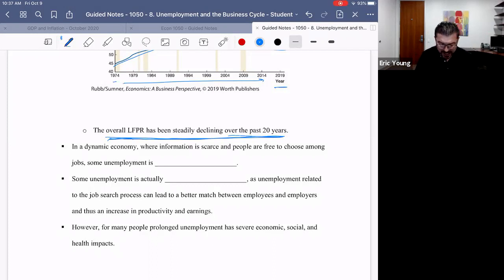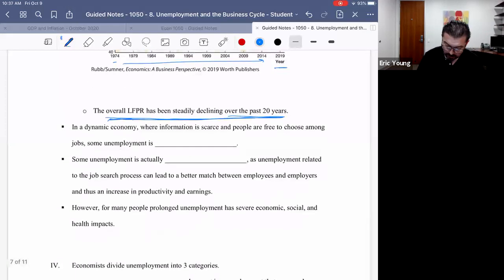But with that said, it's important to point out that in a dynamic economy like America's, where information is scarce, but also where people have freedom to move among jobs, there is some unemployment that is going to be inevitable. Okay, we will never reach 0% unemployment.